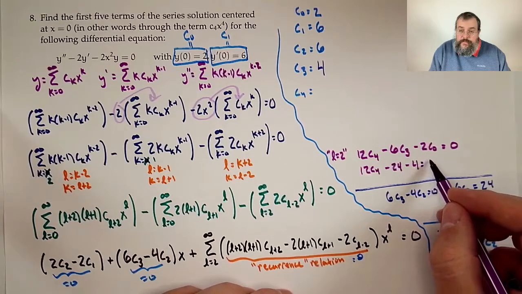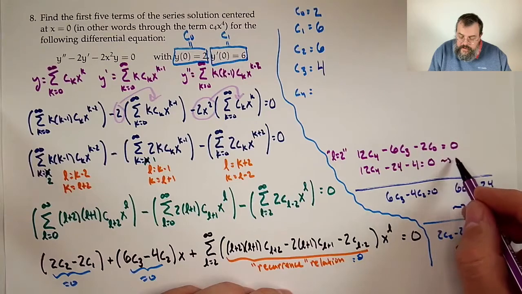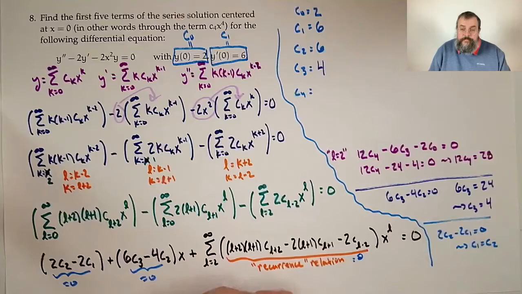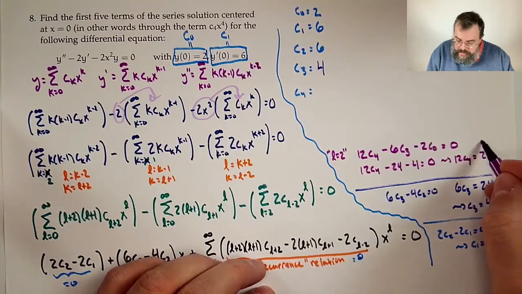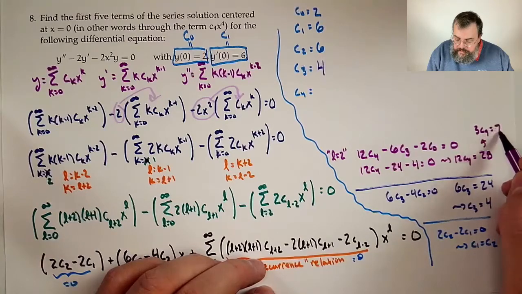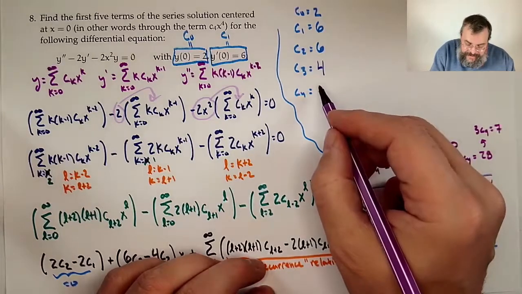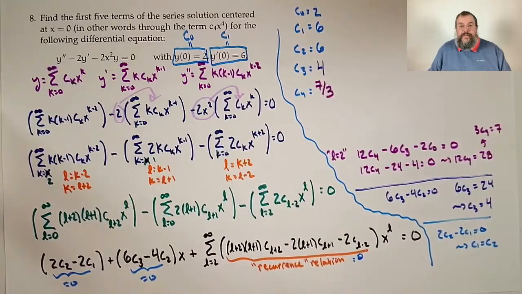And that has to equal 0. All right, well, that says, hey, 12C4 equals 28. And now, well, okay, you can divide both sides by 4. And if you do that, we can say 3C4 equals 7. Or divide both sides by 3, and we come to the conclusion that C4 is 7/3.